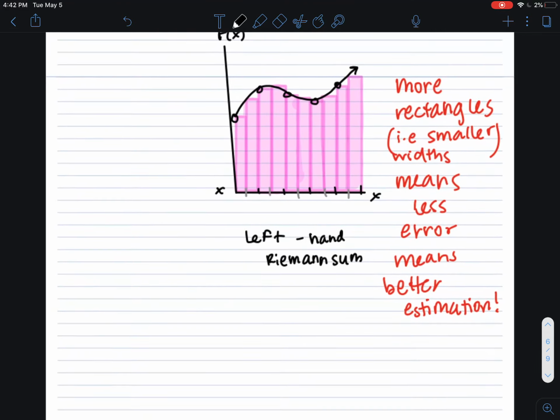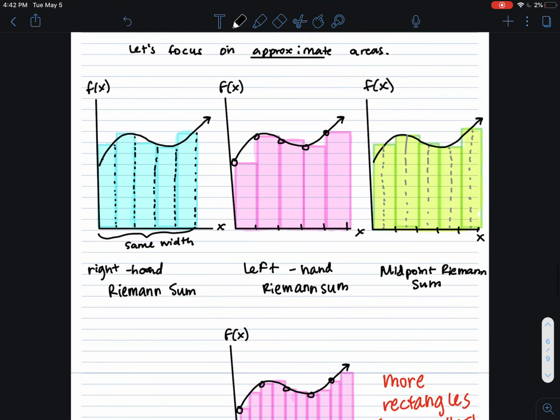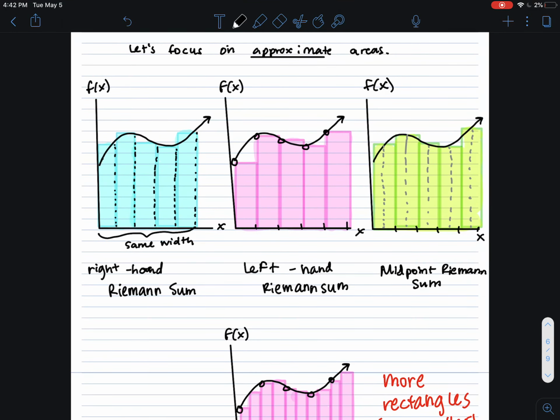There is one thing I want you guys to note if we look up here. So if we look at this graph, I'll write these in orange. When our graphs are increasing, our right-hand Riemann sums overestimate our area, right? We have this area over the curve that we're overestimating.